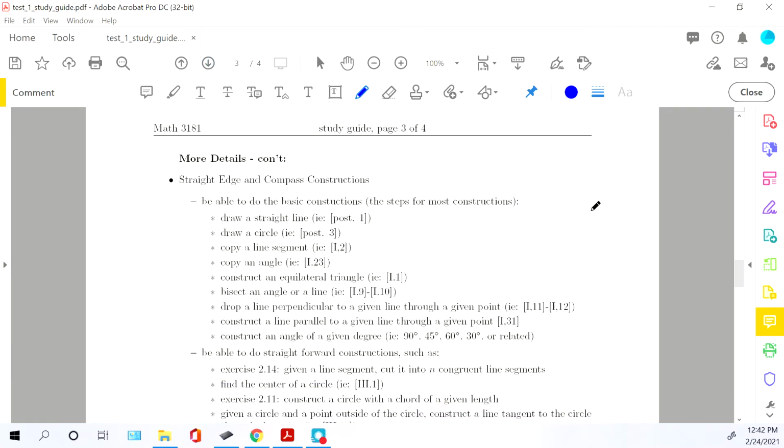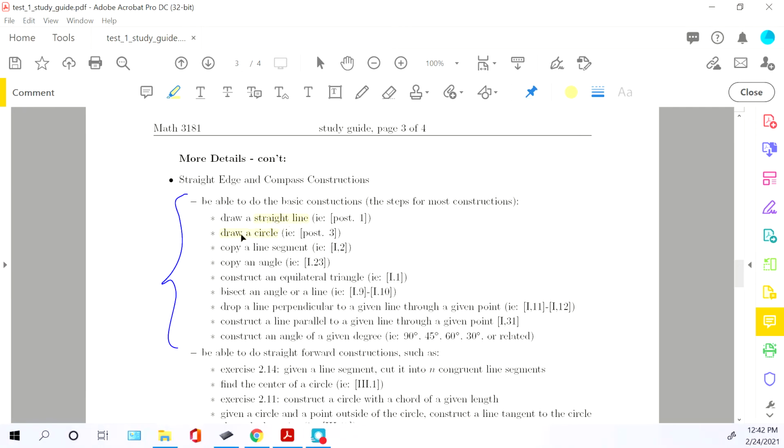All right. Second to last page, this one talks about different types of constructions, and I've categorized these in a couple different ways. So the first part is really more construction steps. So for example, make sure you can actually draw a straight line correctly, so that's using a straight edge. Make sure you can draw a circle correct.